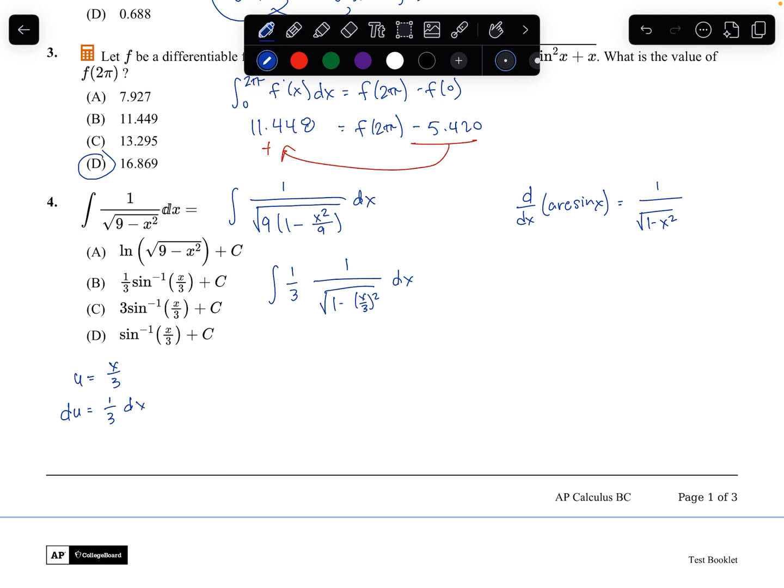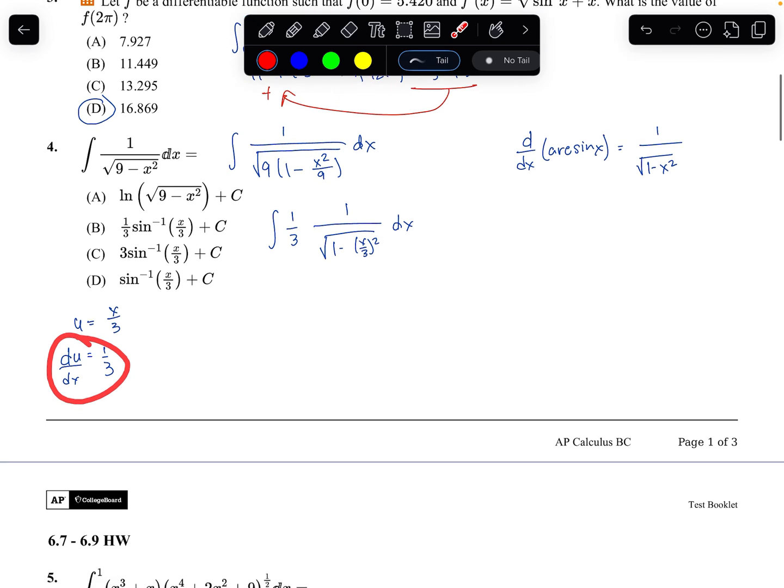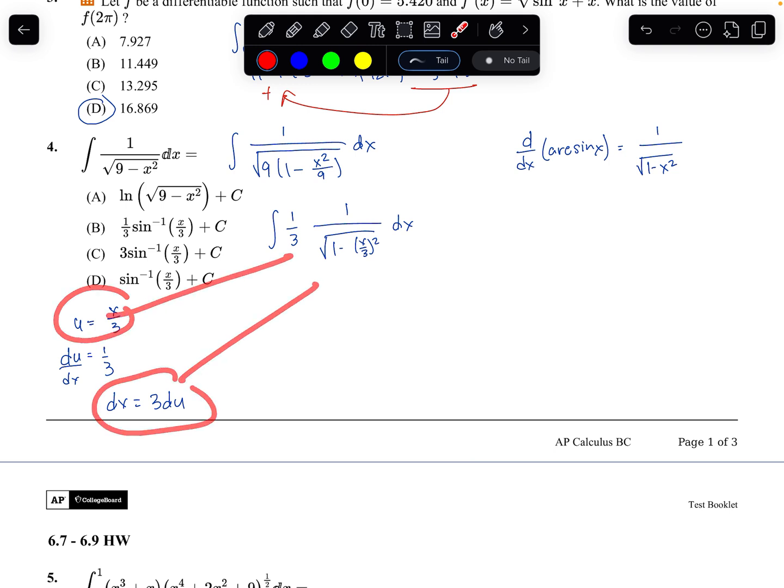Typically we would say du over dx is equal to 1/3, but for the sake of solving for dx, I'll just write du is equal to 1/3 dx. Now let's solve for dx. If I multiply by 3, dx will be equal to 3 du. And so now I have all the parts I need to substitute.